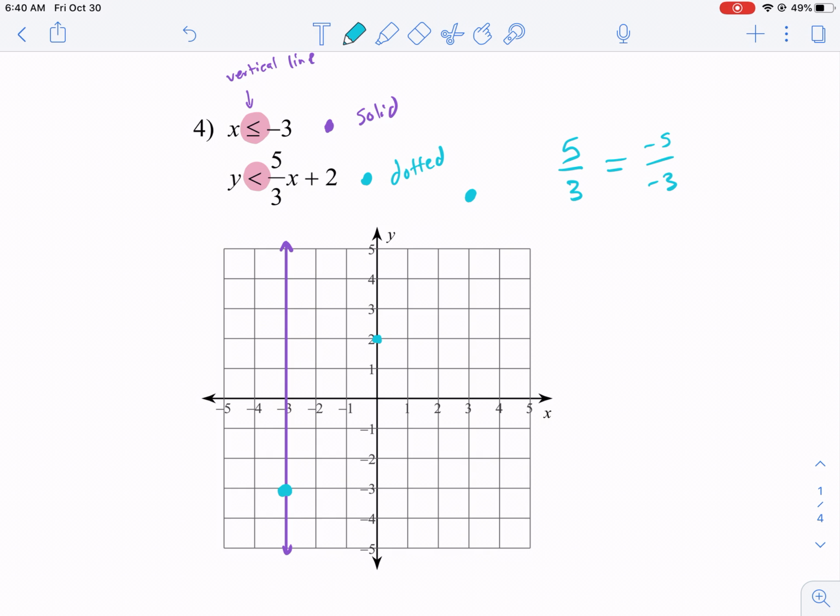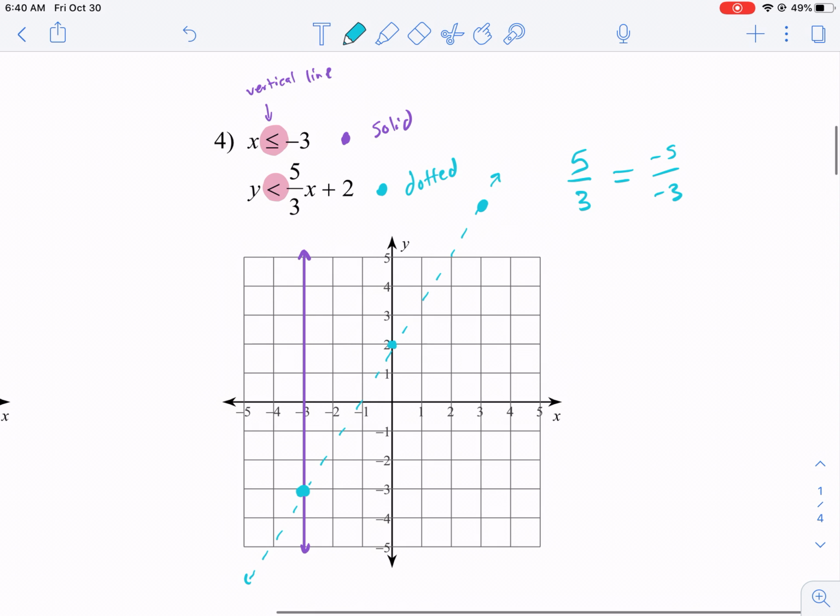So notice how if I were to connect these dots, even with the one off the graph, it would connect and would form the line. But this is just showing that you can go backwards as long as you go in the exact opposite direction. So I have a dotted line there, and I'm done with that part, but now I need to shade.